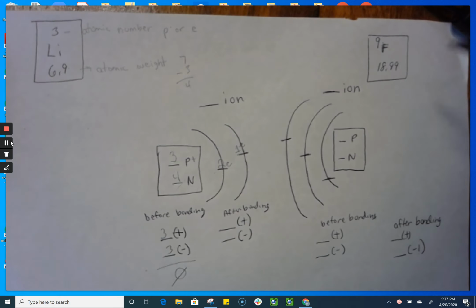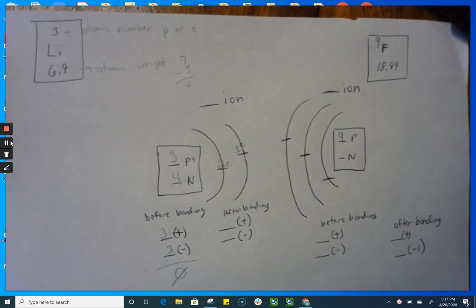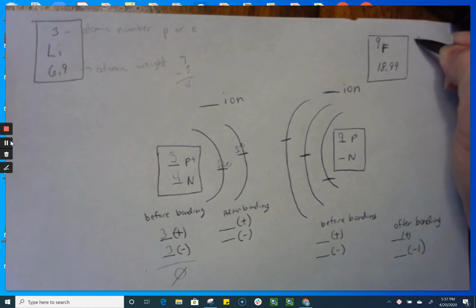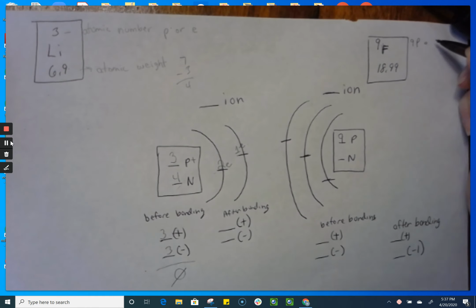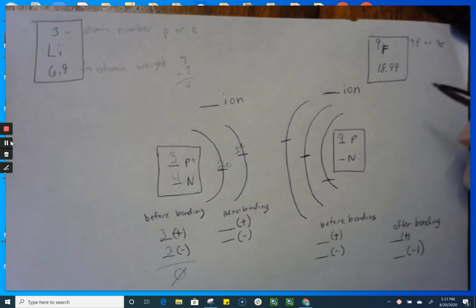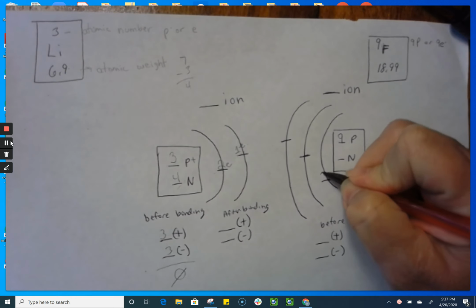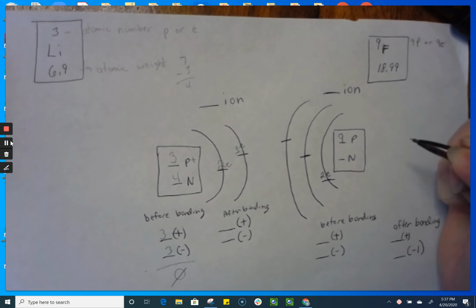All right, let's switch over here and look at fluorine. Fluorine's atomic number is 9, which means it has 9 protons. And it also has 9 electrons. Once again, we start with the innermost energy level. It maxes out at 2 electrons.